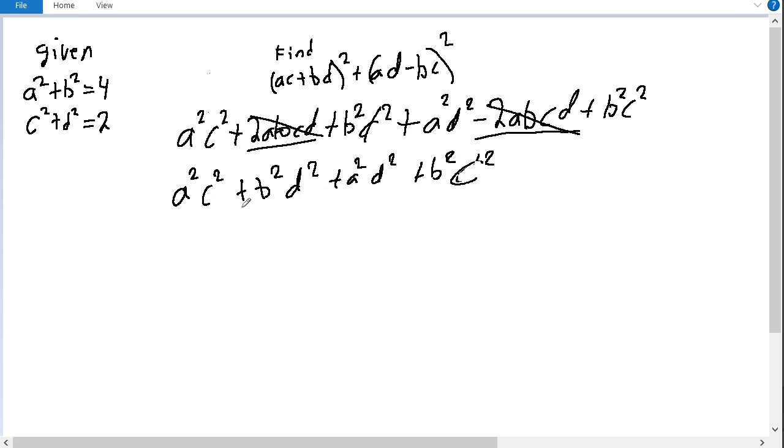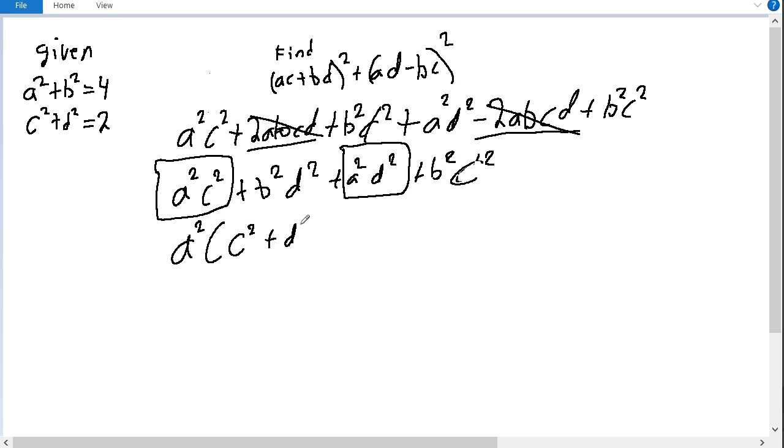So I'm going to look at these 2 terms first, and if I factor out an a squared, I'll be left with c squared plus d squared. And now if you look at these terms, if I factor out a b squared, I'll be left with c squared plus d squared. And now, hopefully, you can see where we're going with this, right?